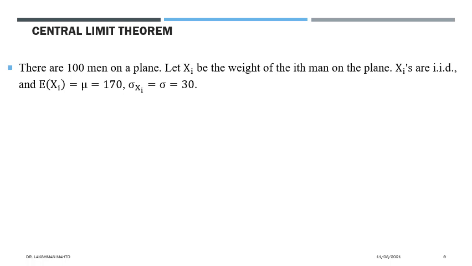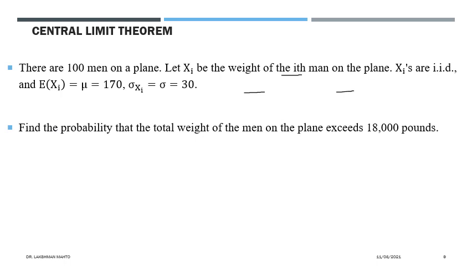Each xi has the same distribution. The only information we have is the mean weight, which is 170, and the standard deviation, which is 30. The unit is given in the problem, but the unit is immaterial here.